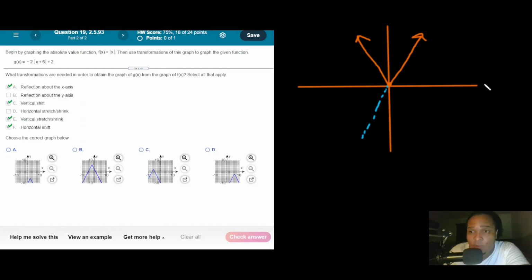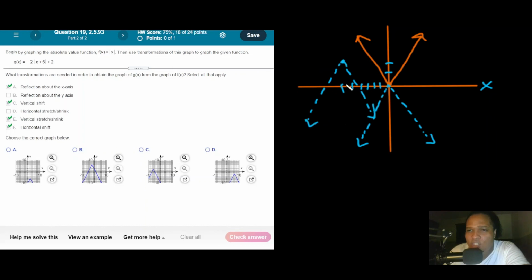And we're reflecting across the x-axis, by the way. Then we're gonna go ahead and apply the horizontal and the vertical. We're gonna go left 6 up 2. So 1, 2, 3, 4, 5, 6, and then 1, 2. So we're gonna be somewhere here, still pointing down, because all we did was shift over.